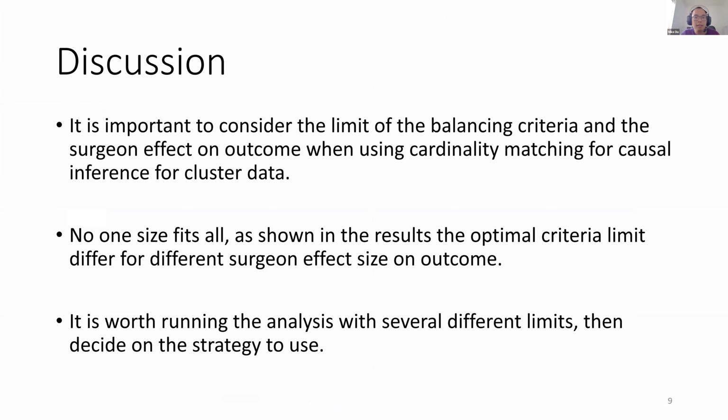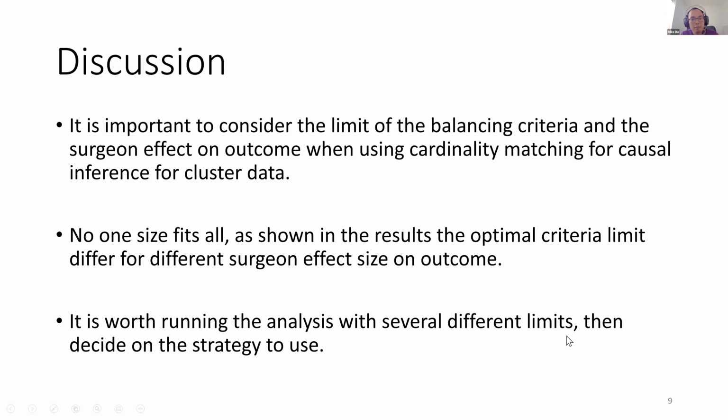So for discussion, I would say it is important to consider the limit of the balancing criteria and the surgeon effect on outcome when using cardinality matching for causal inference for clustered data in medical device studies. From the simulation results, I found no one size fits all. That means there isn't a fixed optimal balancing criteria limit that gives you the best performance for everything.